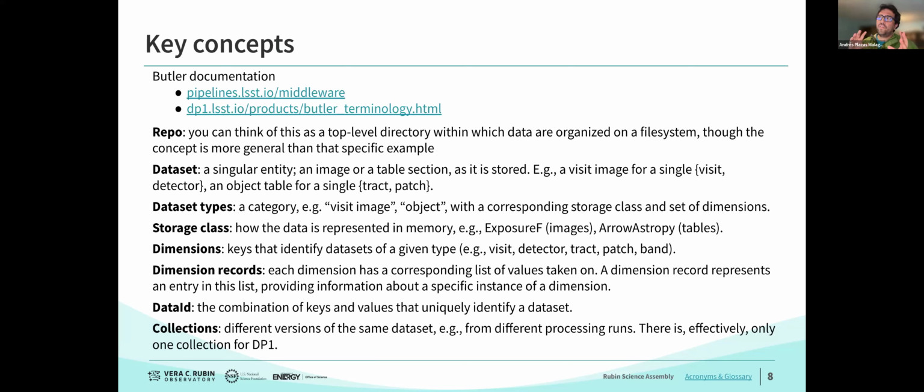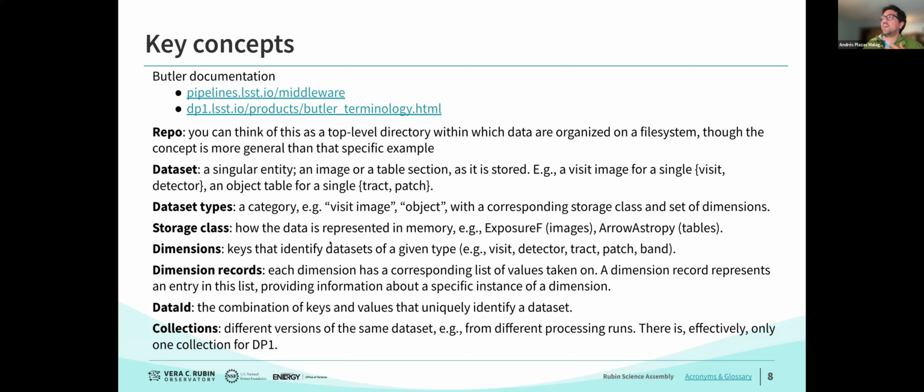For each dataset type, you define the minimum number of dimensions that you need in order to uniquely identify that particular dataset. For example, you might say that for an instrument, LSSTComCam, for a particular detector, detector 3, for a particular physical band, then that might be enough to get you what you need.